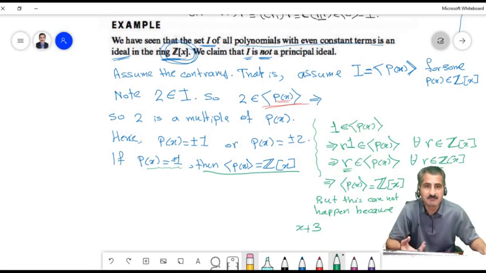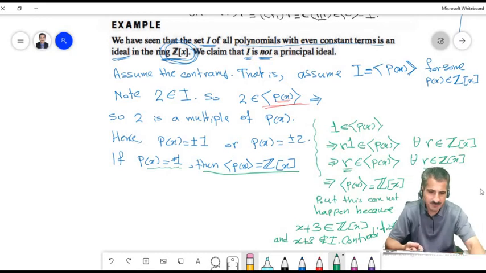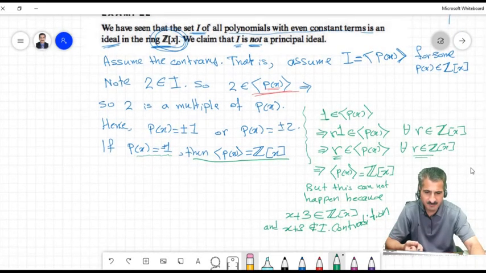But its constant term is odd, so it does not belong to the ideal I. It belongs to the ring, and it does not belong to the ideal I. So we got a contradiction to the conclusion here.